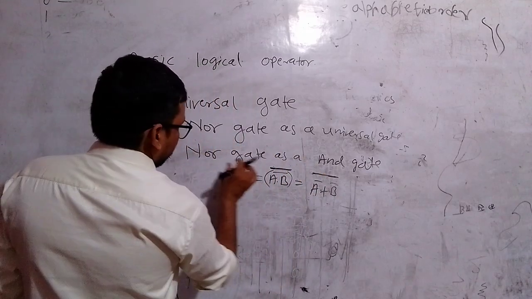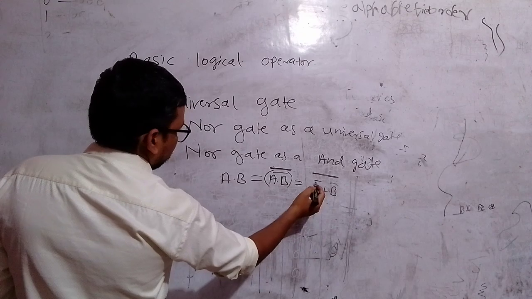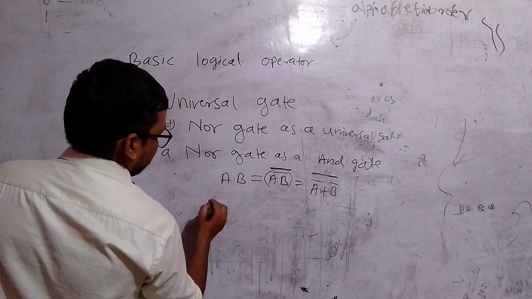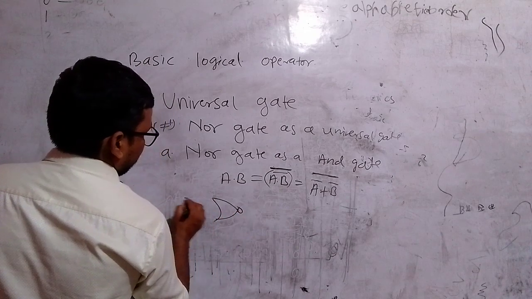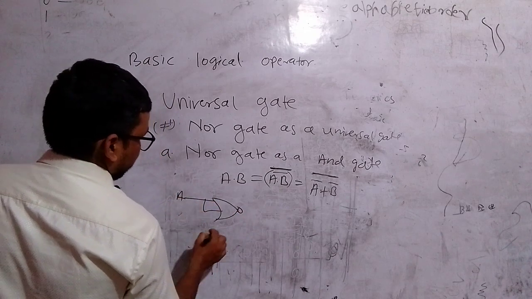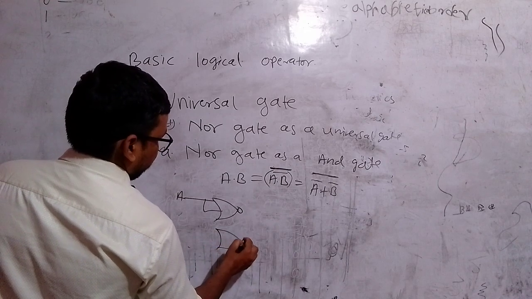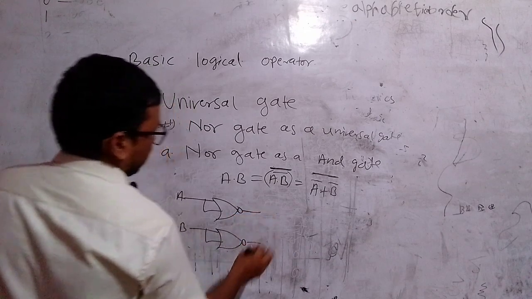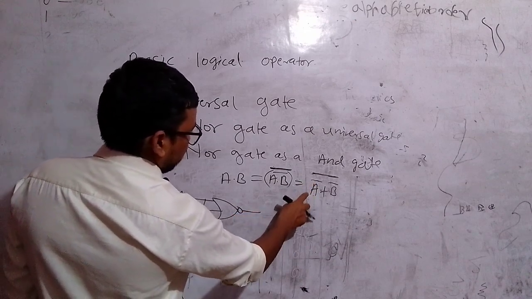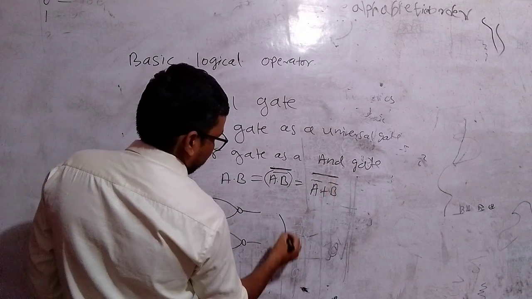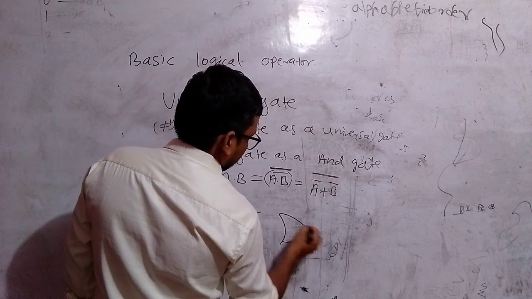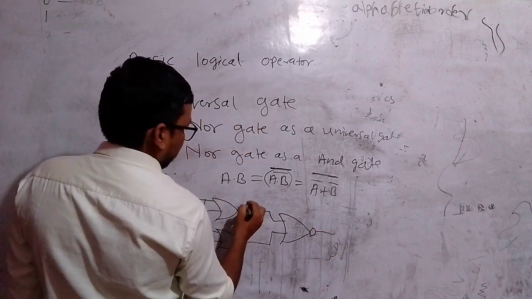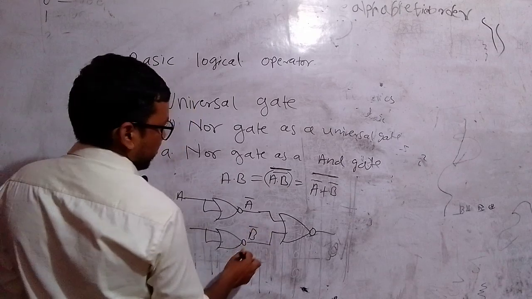Now we need to use the NOR gate to draw this diagram. First of all, we need to find the complement of A and B. We will use the NOR gate as an inverter to find the complement of A, B. Now we have found A complement, B complement.